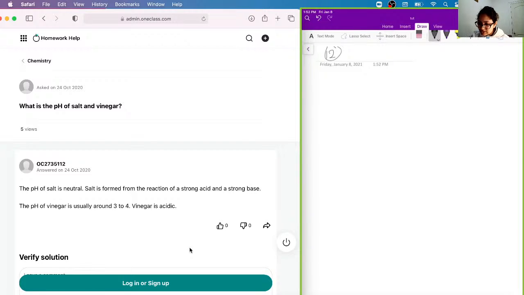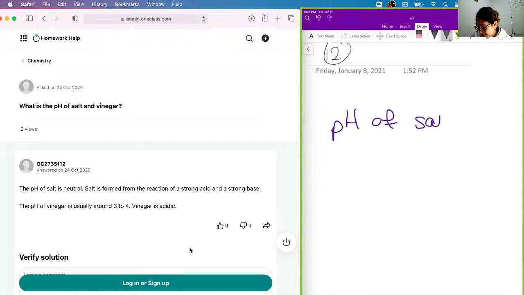Our next question says, what is the pH of salt and vinegar? And so basically the pH of salt is neutral.